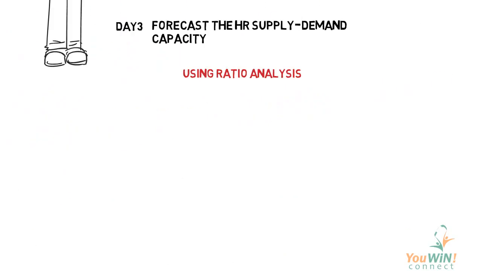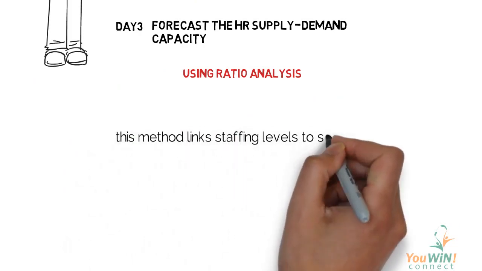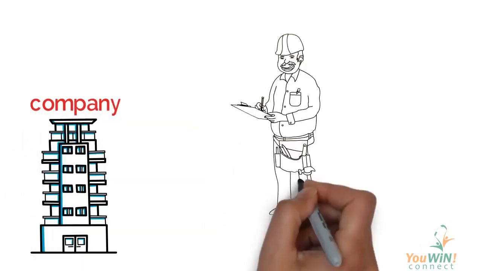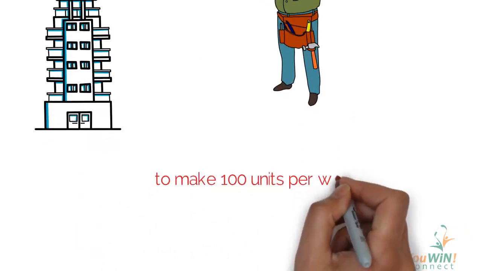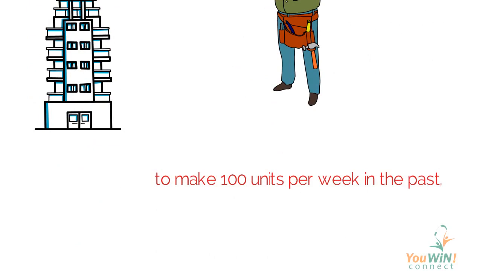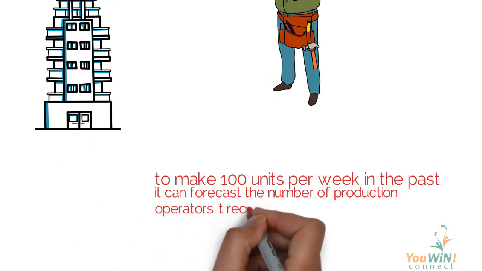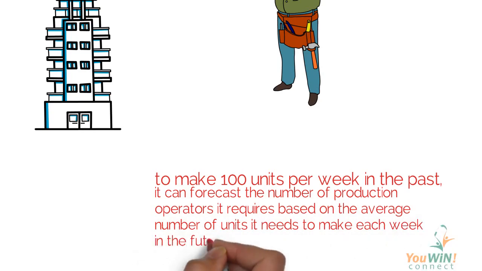On the other hand, when we use the ratio analysis, this method links staffing levels to specific business activities. So for example, if a company knows that it employed 4 production operators to make 100 units of a product per week in the past, it can then forecast the number of production operators it requires based on the average number of units that it needs to make each week in the future.